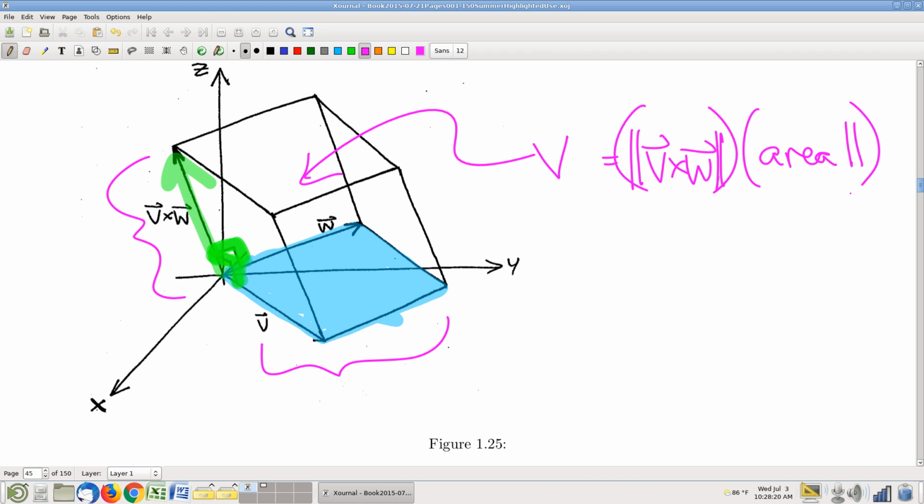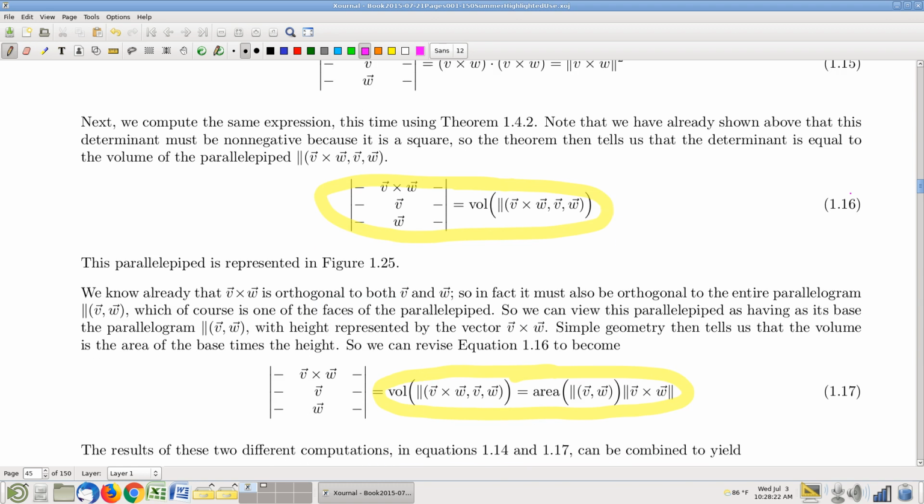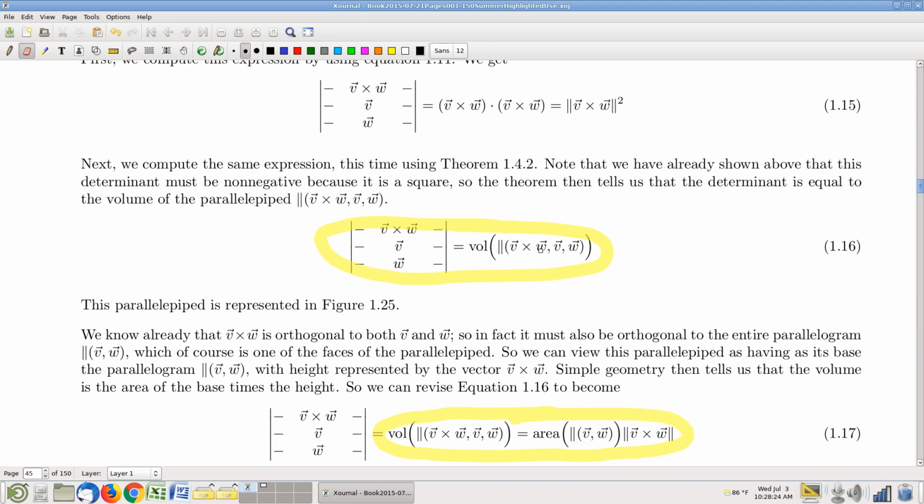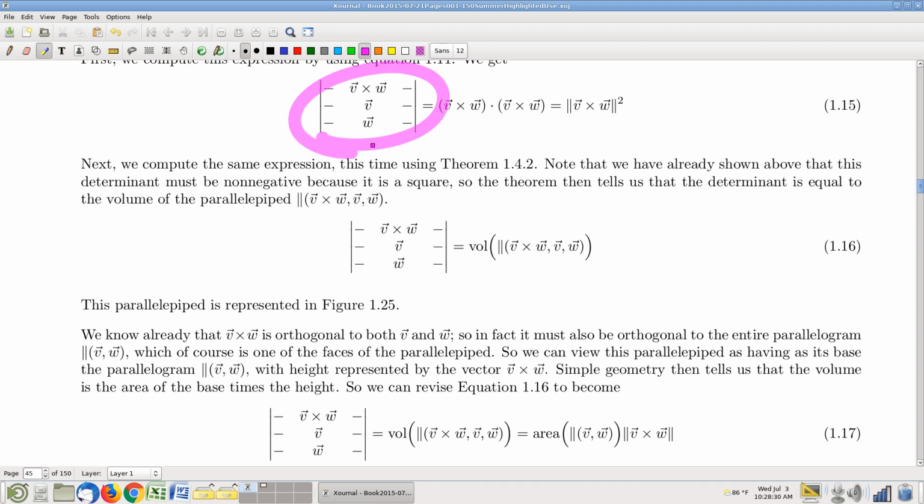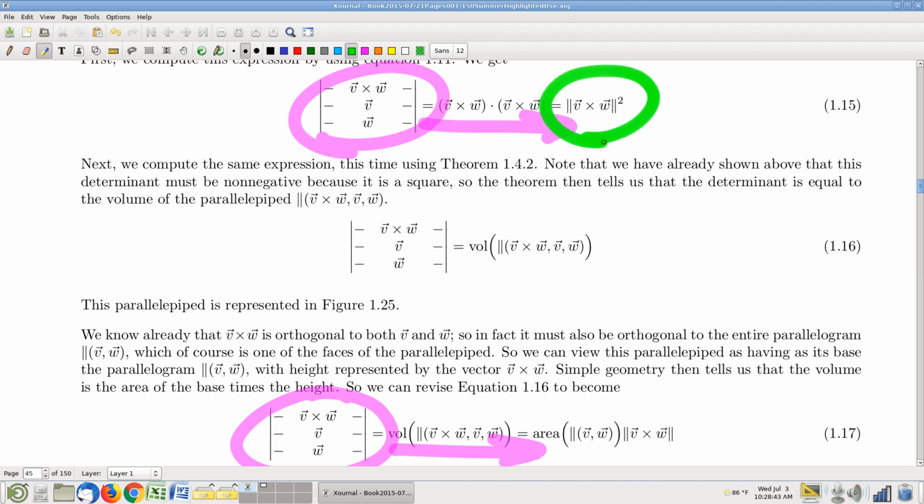Okay. All right. So here's what we've got then. Here's this determinant that I don't actually care about. I've computed this thing that I don't care about two different ways. Having computed this thing that I don't care about two different ways, one conclusion I get is that the two results must be equal to each other. So these two things are equal to each other.